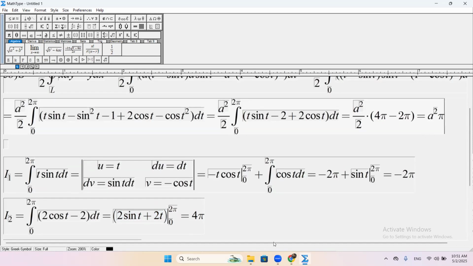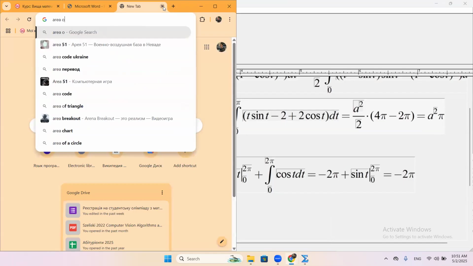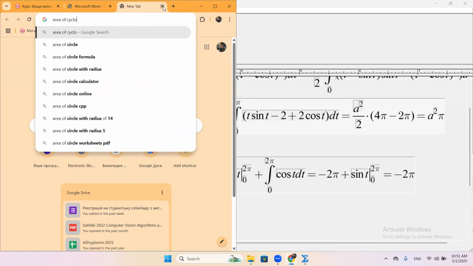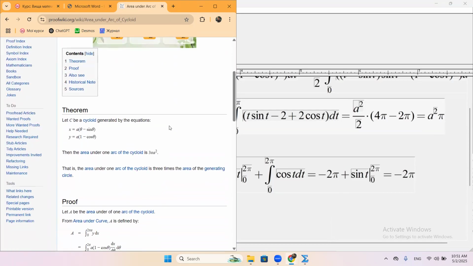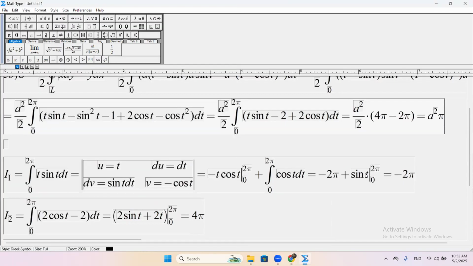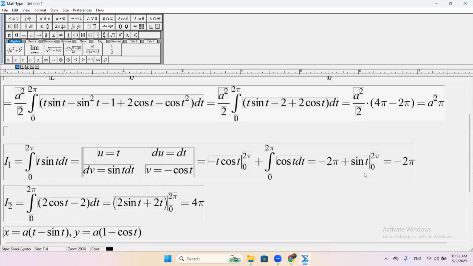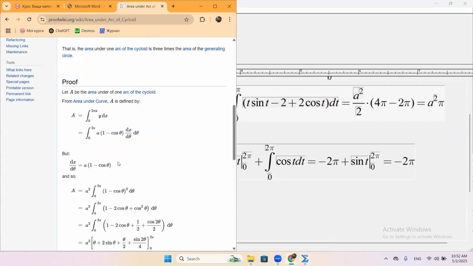Calculated. Any questions about this exercise? No. And let's just verify the area of a cycloid. It should be 3πa square.